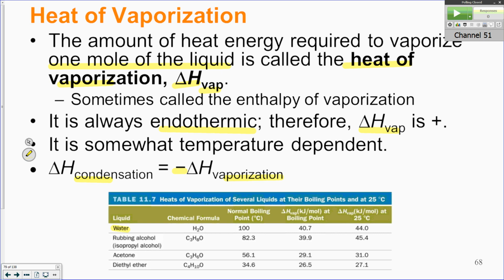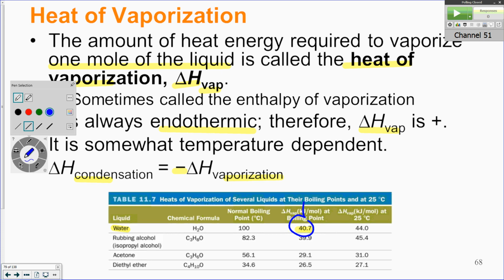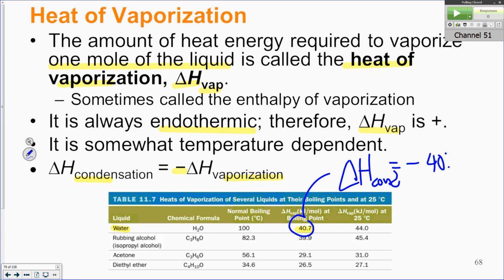Water at its boiling point of 100 degrees is 40.7 for the vaporization. So the enthalpy of condensation at this temperature would simply be negative 40.7 kilojoules per mole.